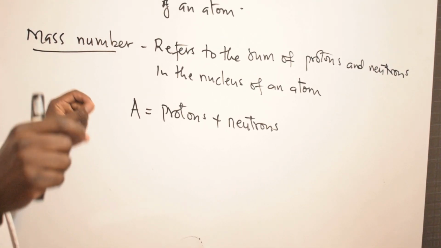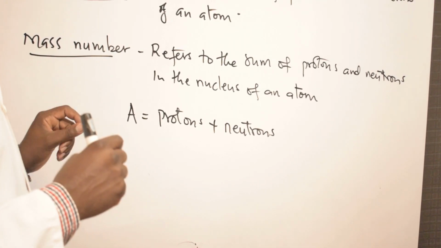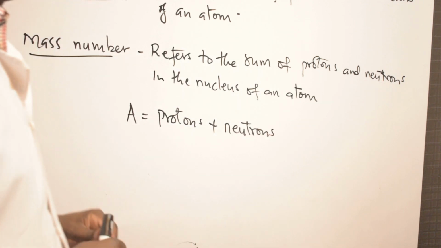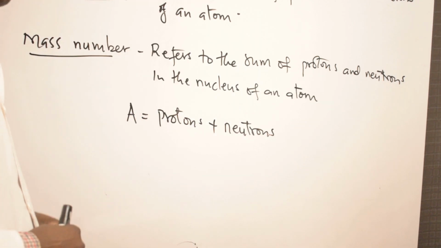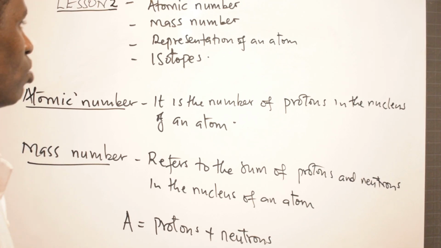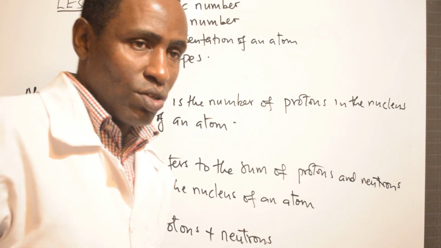Those kinds of atoms with the same atomic number but different number of neutrons, we call isotopes.